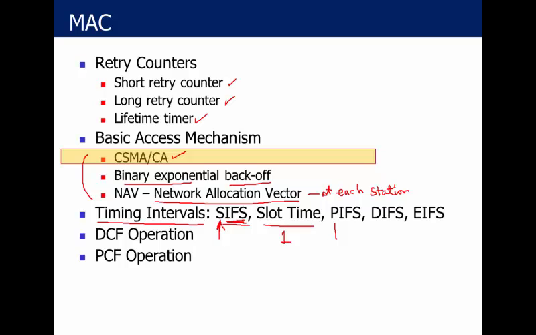This is PCF-based inter-frame space, which means point coordination function-based inter-frame space. This is distributed coordination-based inter-frame space. So these two major coordination functions are based on P or D, P for point, D for distributed.